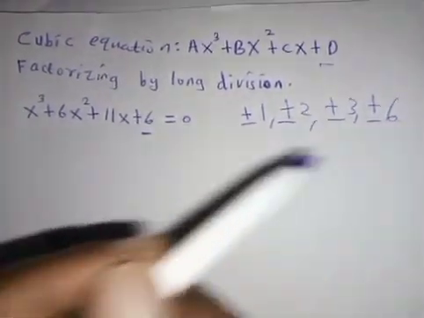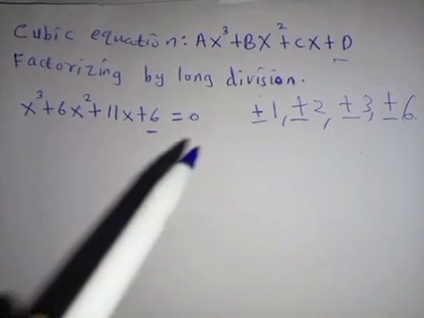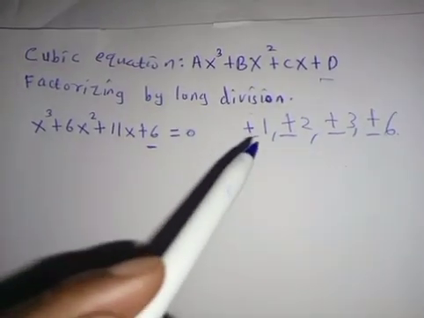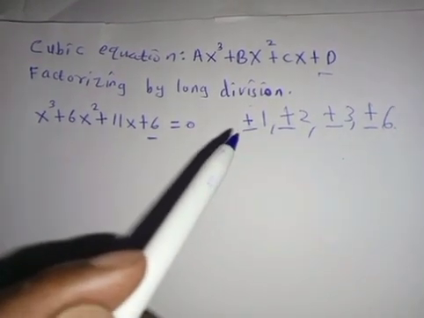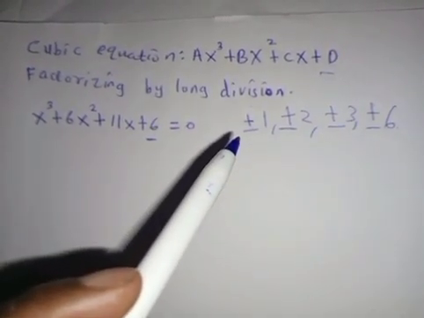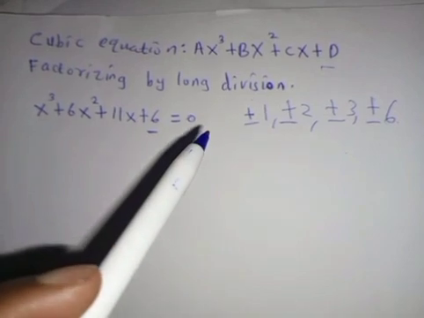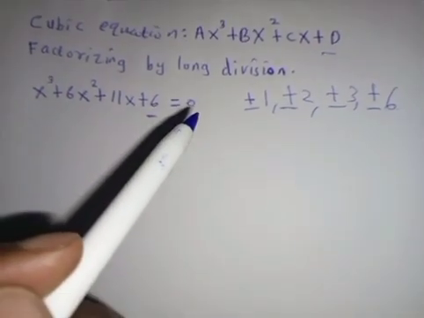Out of all these possibilities, you use the trial and error method to see the one which is a factor of this equation.